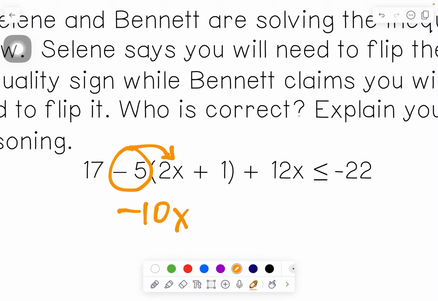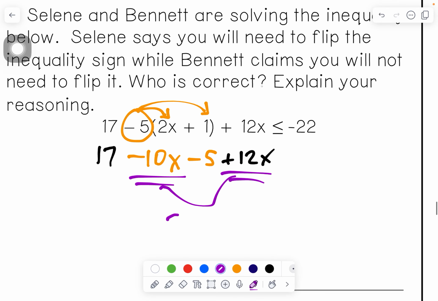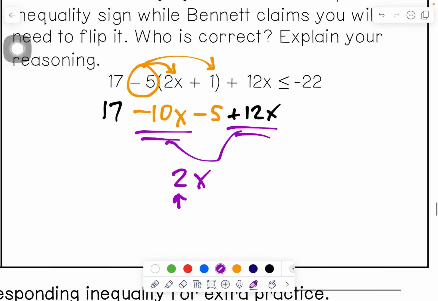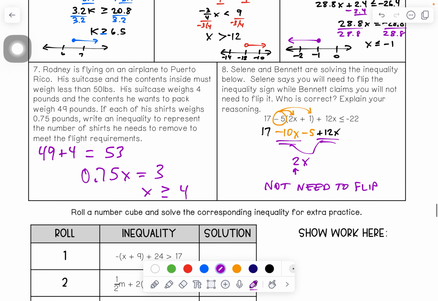What it looks like somebody is forgetting in this problem is that when I combine my like terms, which would be the -10x and the +12x, they give me 2x, which is a positive number. So I will not need to flip, only when I have a negative coefficient.